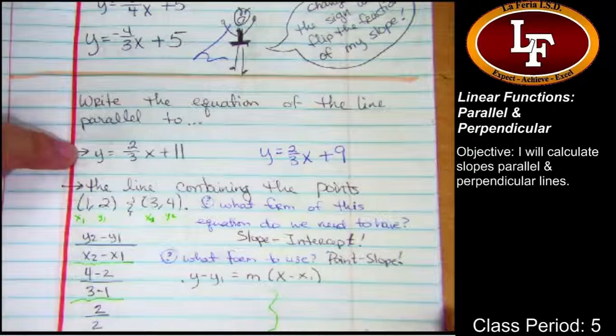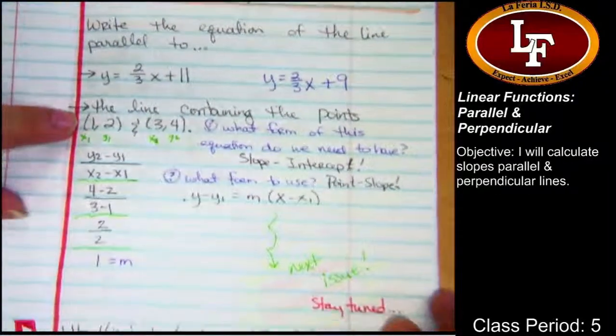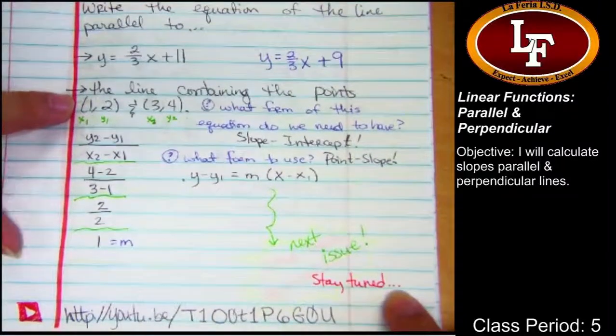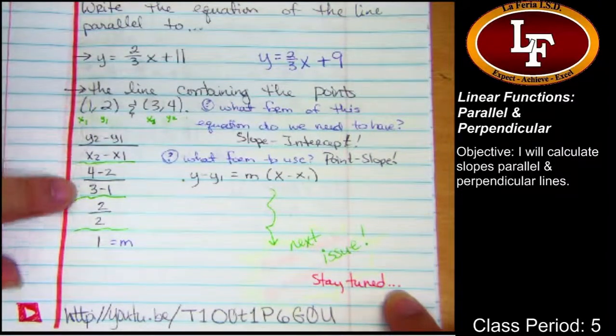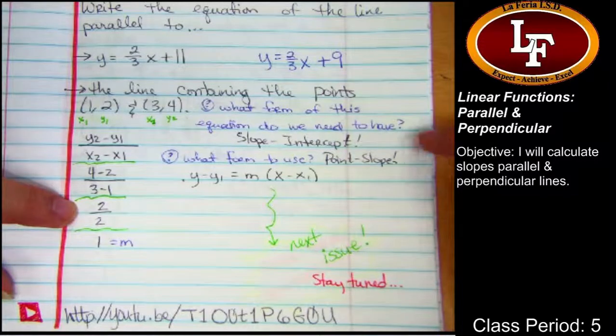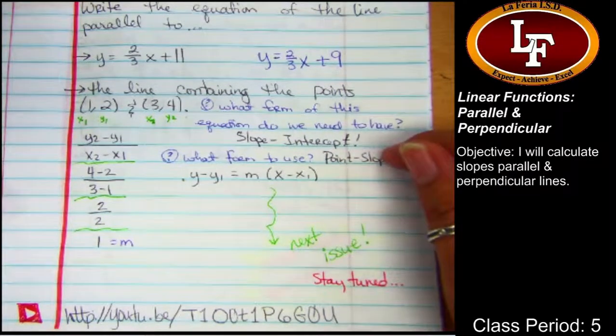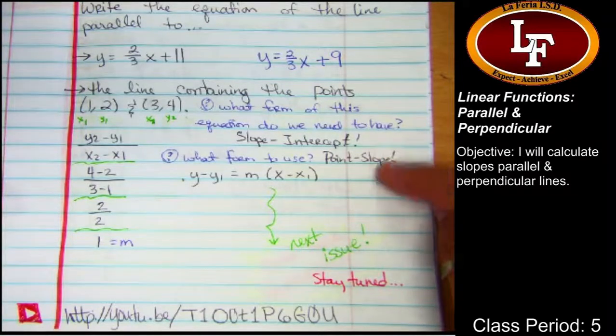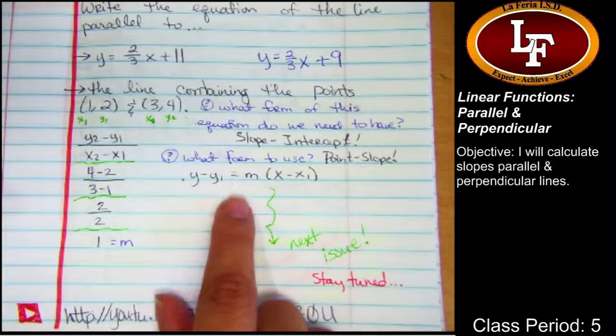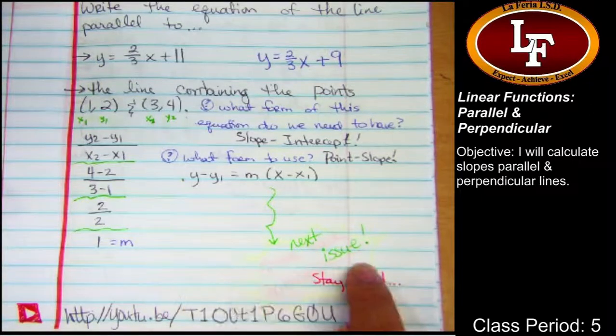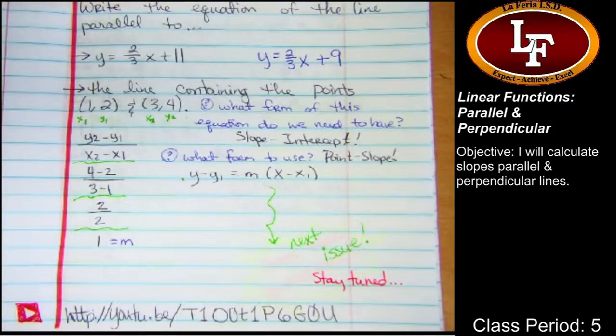That was no problem. Then we were given two points, and we had to find the slope first. Once we found the slope, we wanted to get it in slope-intercept form, so we had to start with the point-slope form. Next issue, we were going to see how this battle plays out. So that's where we are today.